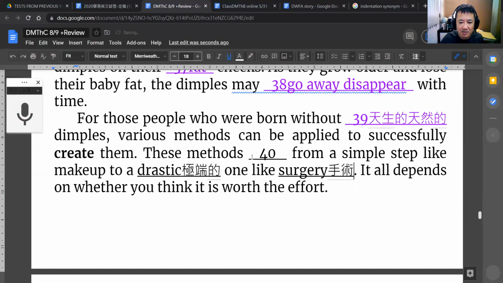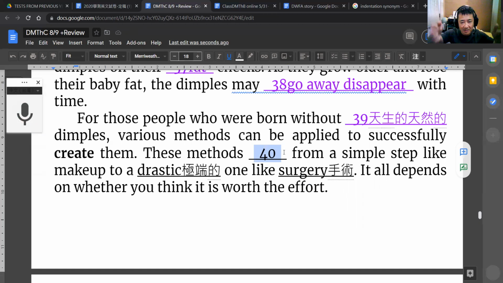So wait a minute. So here I need a word that means these 方法, these methods can be from simple to 极端, drastic. Simple to 极端. What do you call that?